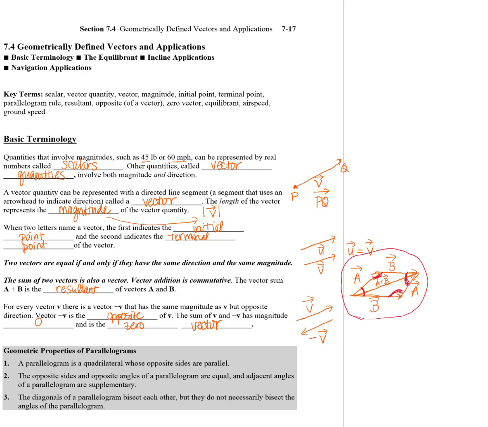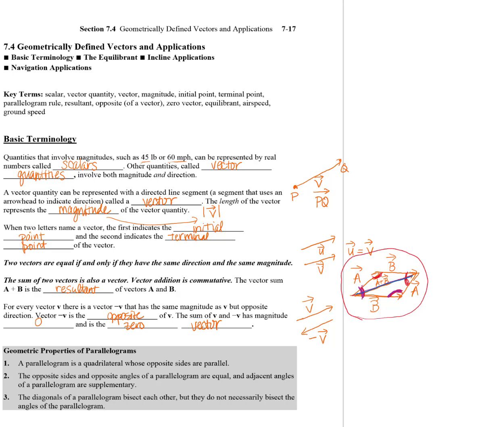And the adjacent angles of a parallelogram are supplementary. That means that this angle is supplementary to this angle here. If you add those two angles together, they should add up to 180 degrees. Number 3, the diagonals of a parallelogram bisect each other, but they do not necessarily bisect the angles of the parallelogram.